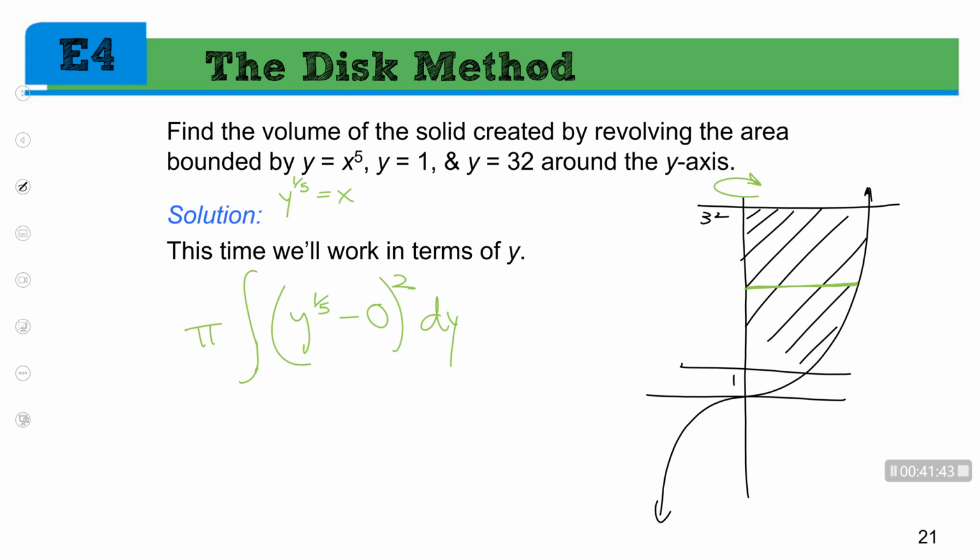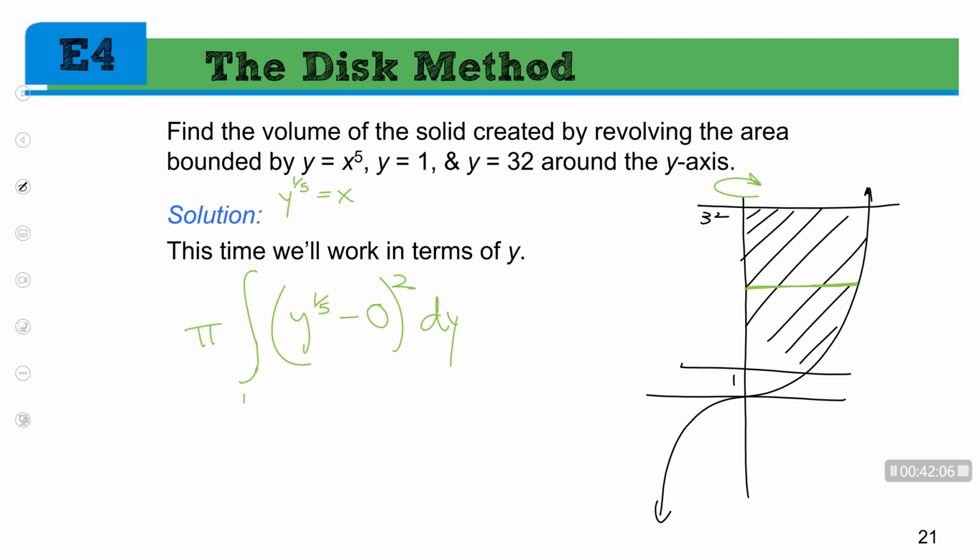Where am I taking rectangles from and to? Why did you have minus 0? I'll get there in a second. Where am I taking rectangles from and to, sir? One to 32. Did you say 32 or 36? You did say 32.